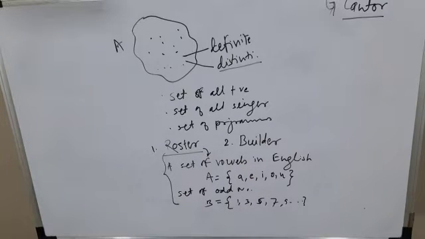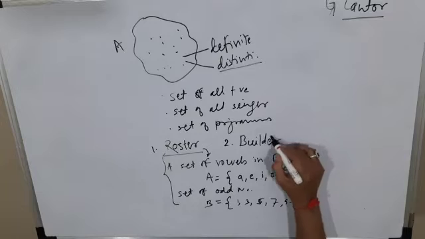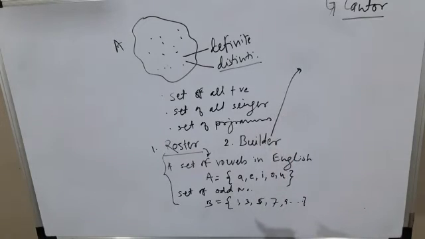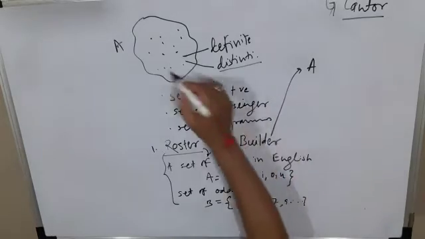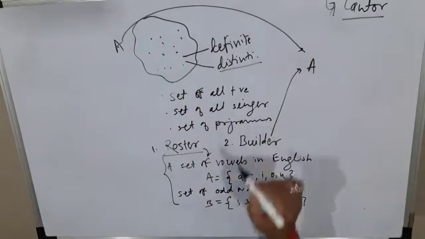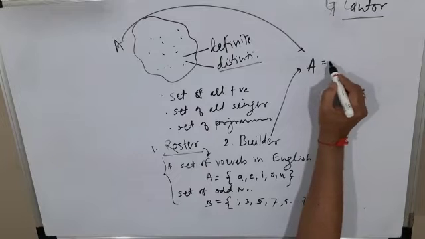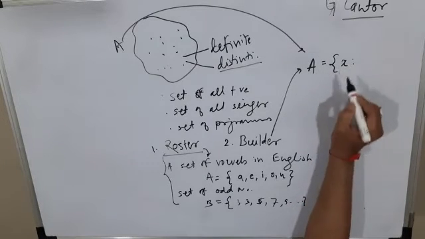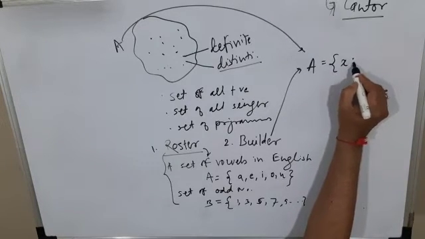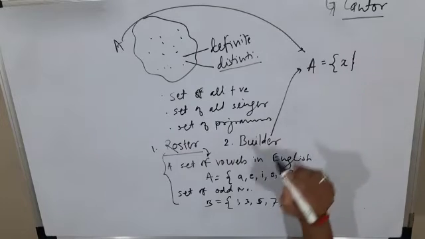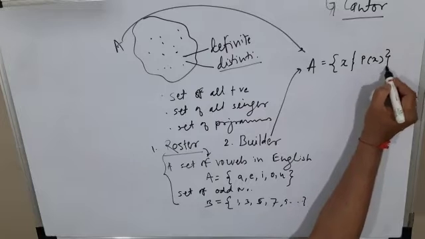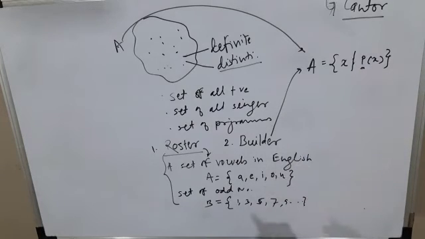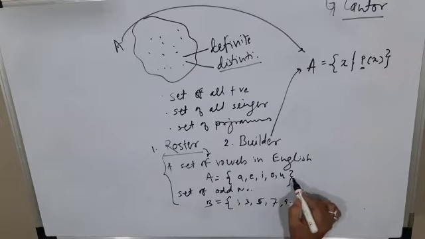What is builder notation? In builder notation, the set A is described by an element x such that some property P of x holds.